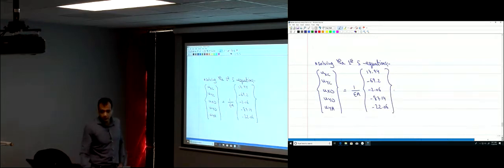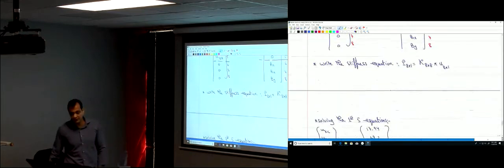So UXC, UYC, UXD, UYD, UYA is equal to 1 divided by EA multiplied by 17.94, negative 69.2, negative 206, negative 87.14, negative 22.06. So those are the displacements at the nodes.